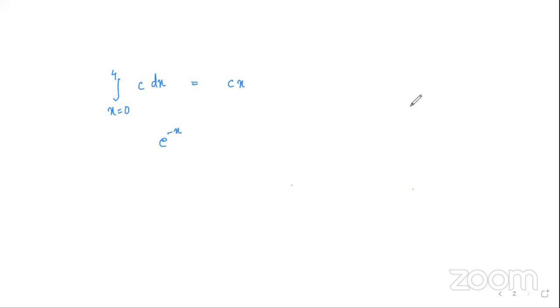No. My simple question is, whenever we put a constant and integrate, we get cx. Why are we not getting an x along with the e power minus x? So if you want to integrate e to the power minus x dx, what is the integral of e to the power ax?